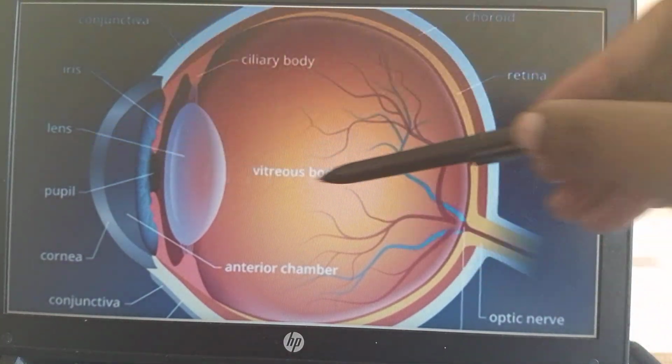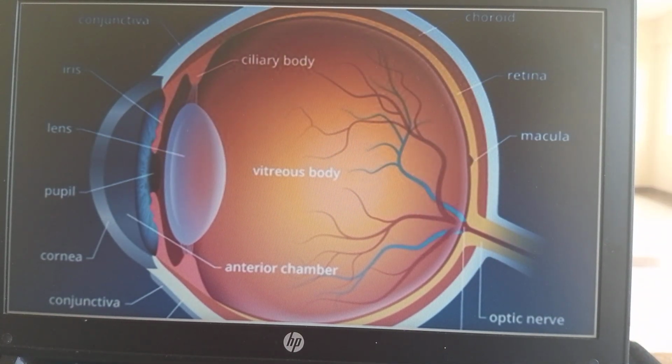So these structures I've mentioned here form the optical system of the eye.